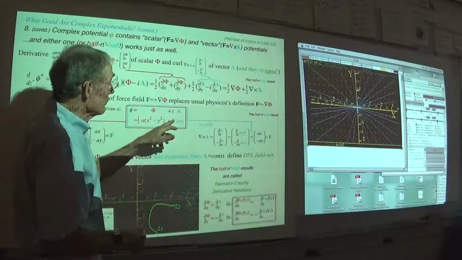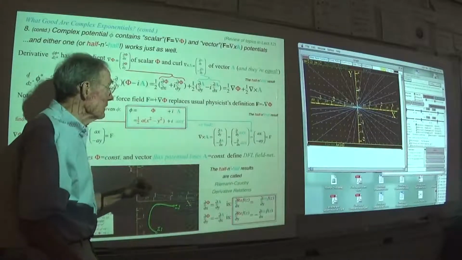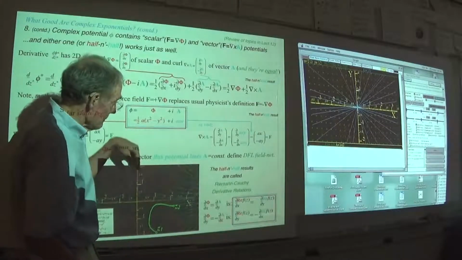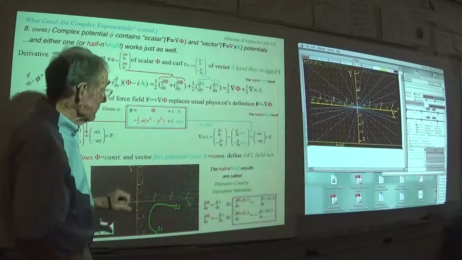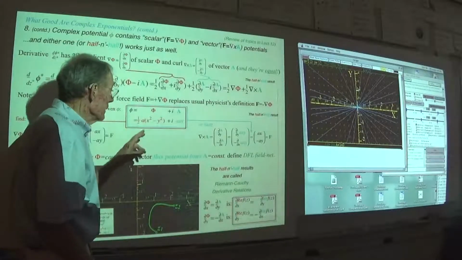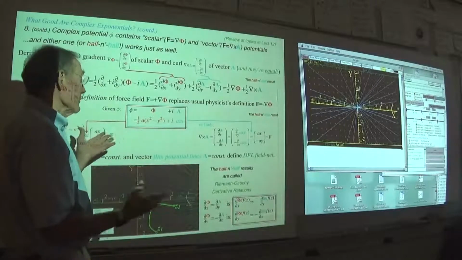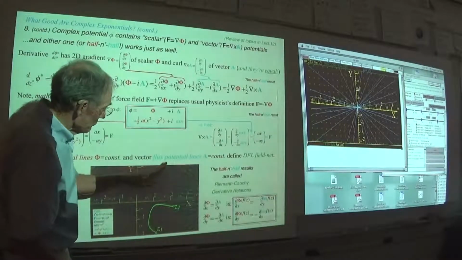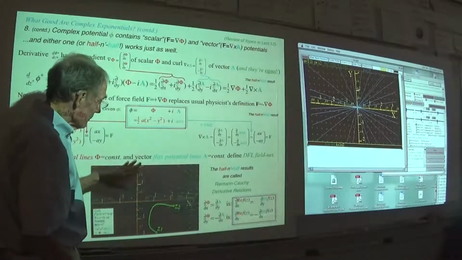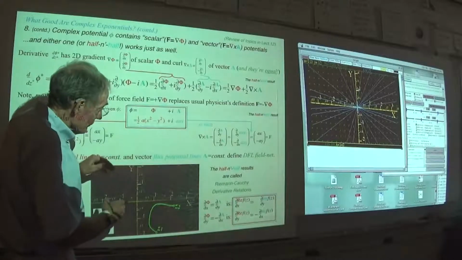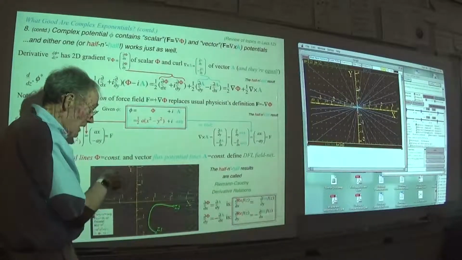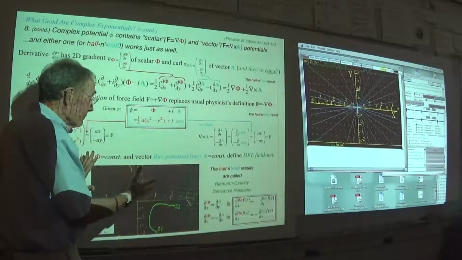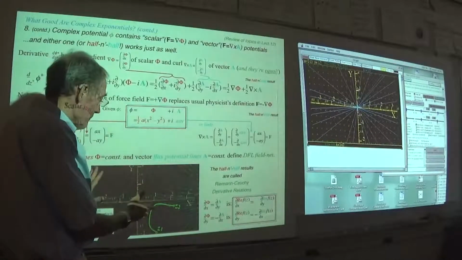So the vector potential lines, that's xy equal to a constant, are the equilateral hyperbolas that you see with these blue lines. And x squared minus y squared is another kind of hyperbola. Those are the red lines there that are equipotential and represent topography lines for the scalar potential plot.